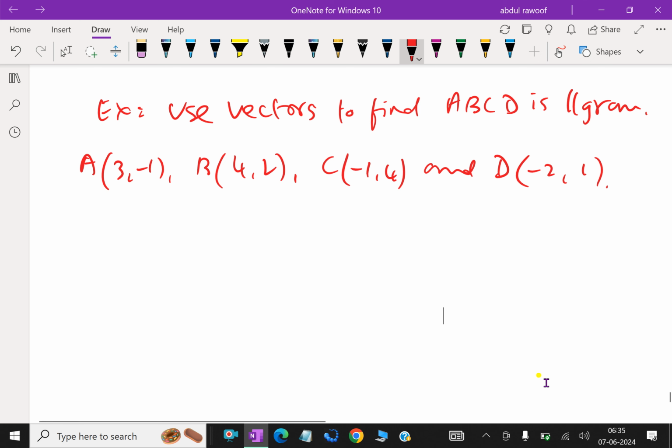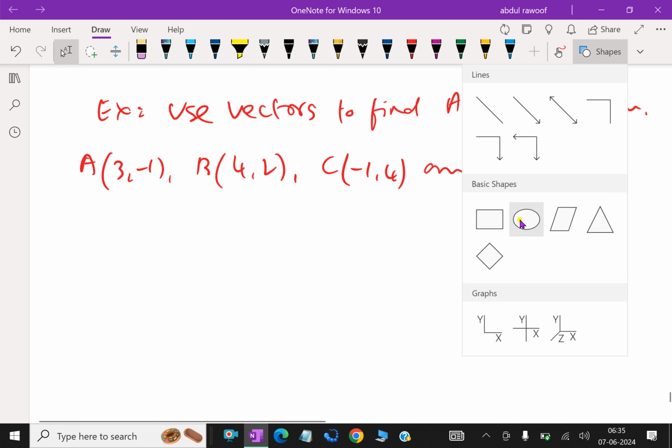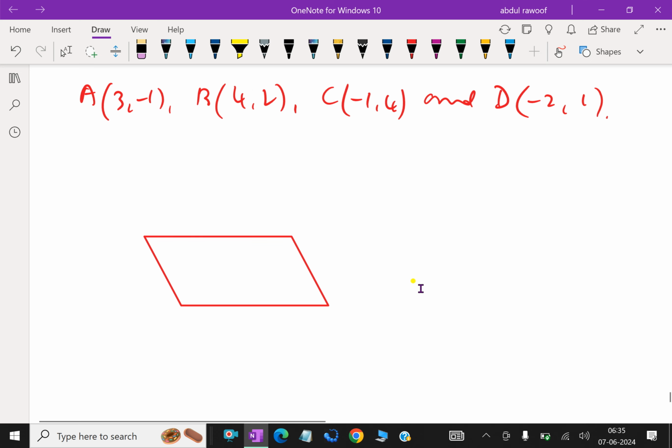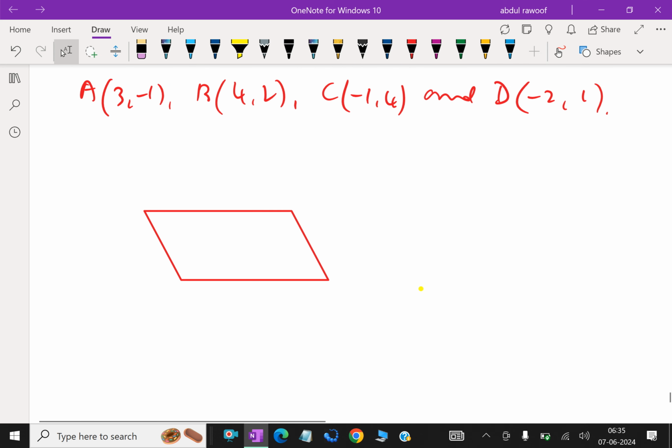Here, let us draw one parallelogram. Suppose we keep this as a parallelogram, it's a quadrilateral, and we have to prove this is a parallelogram.